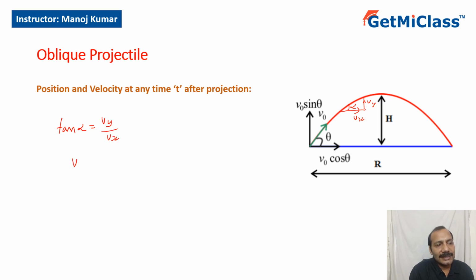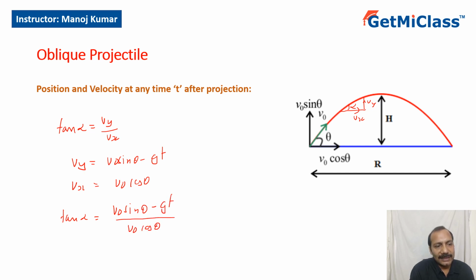Now we have just seen that Vy is V0 sin theta minus g t, and we know Vx is V0 cos theta. So from this I can write tan alpha equal to V0 sin theta minus g t by V0 cos theta. In this way I can even find the angle that the object would make after time t of projection.